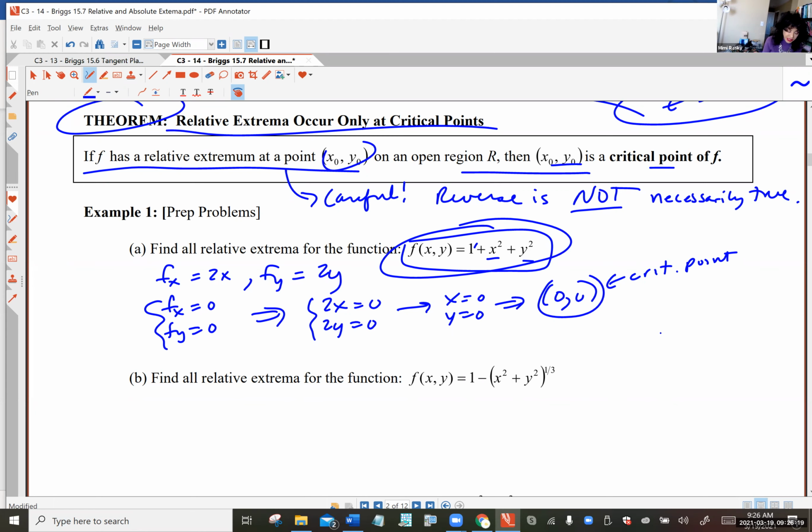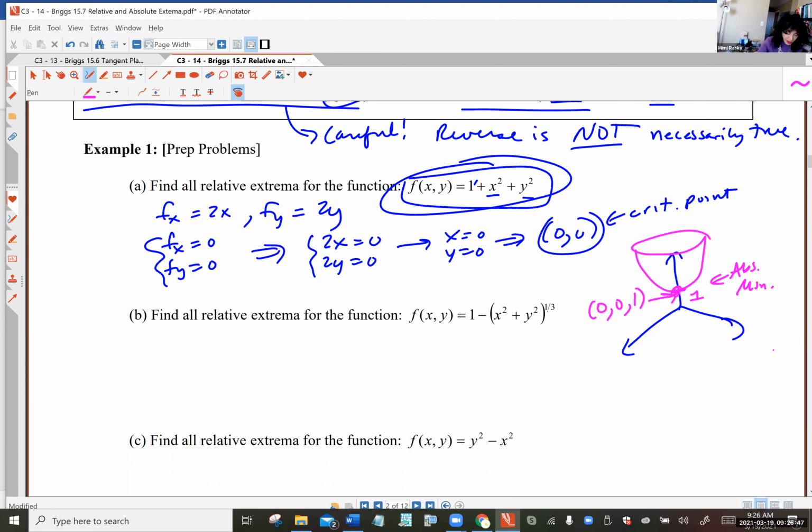That's true because when you graph this surface, it's an upward facing paraboloid where the vertex is located at the point (0, 0, 1). So this critical point does in fact correspond to a minimum. In fact, it's the absolute minimum, not just a relative minimum. Great. So that's a critical point, and it did correspond to an extremum.